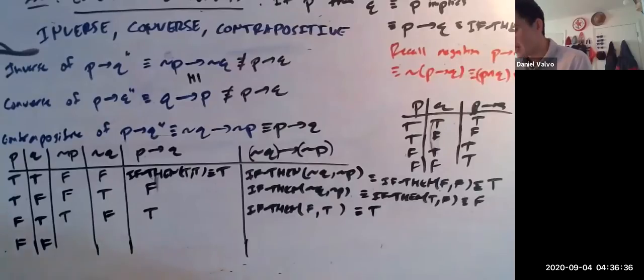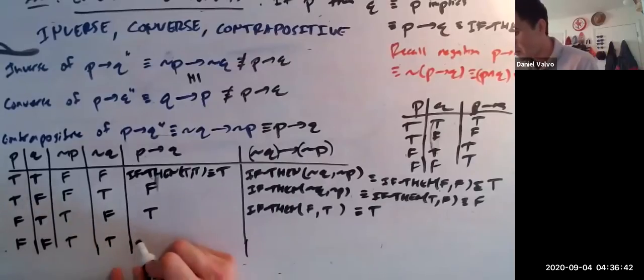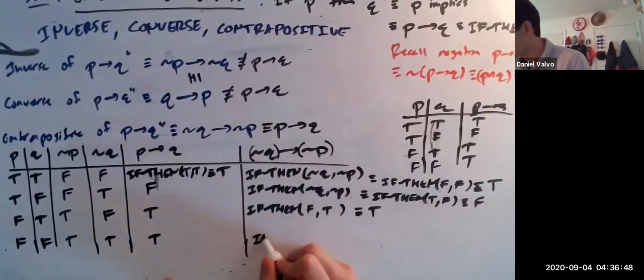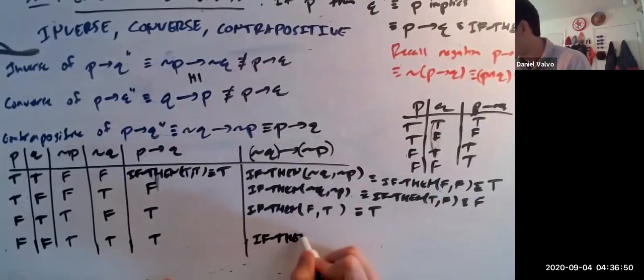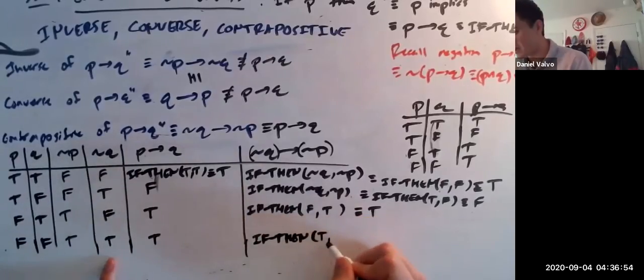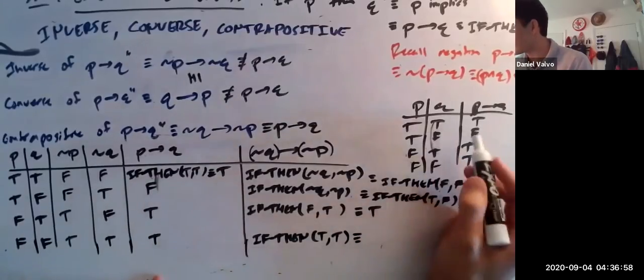And then finally, if you plug in the case where P is false, Q is false, not P is true, not Q is true. P implies Q is vacuously considered true. And then here we have if-then, not Q, not P. Not Q is true, not P is true. And so if you plug in true, true into an if-then, you get true.